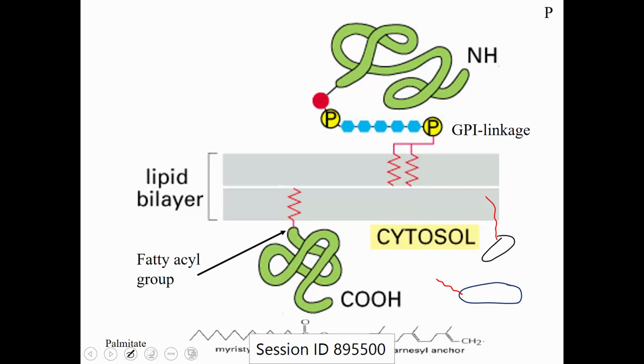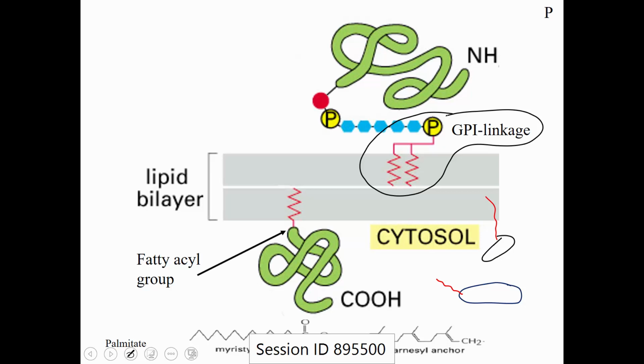In contrast, a protein that is anchored via a glycosylphosphatidylinositol linkage, a GPI linkage, okay? I will tell you that that linkage is put on in the lumen of the endoplasmic reticulum. What else was initiated in the lumen of the endoplasmic reticulum?